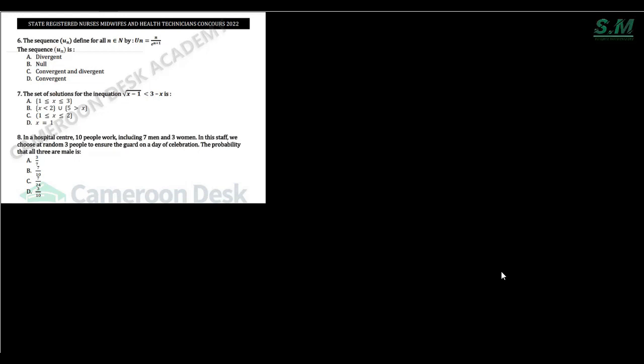select a man. So if we let A be the event, then the probability that we are going to select 3 men will be, you see that in the first selection, if we select a man, we have 7 chances out of 10 to select a man.